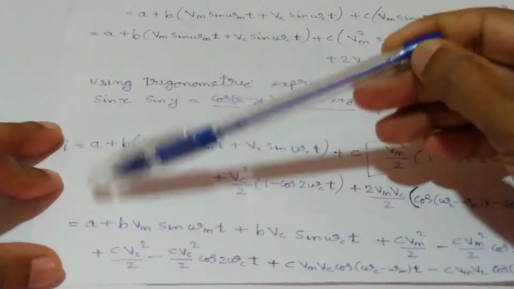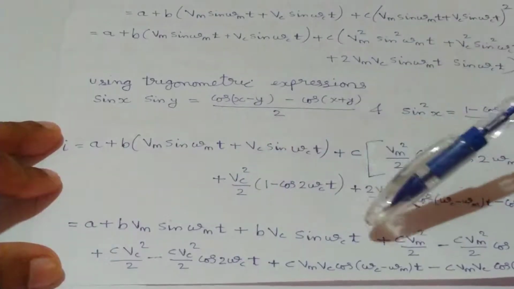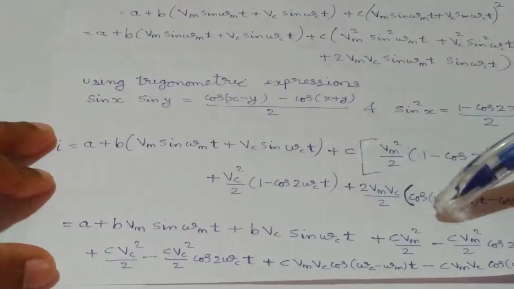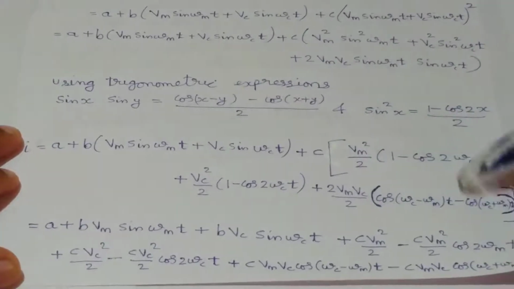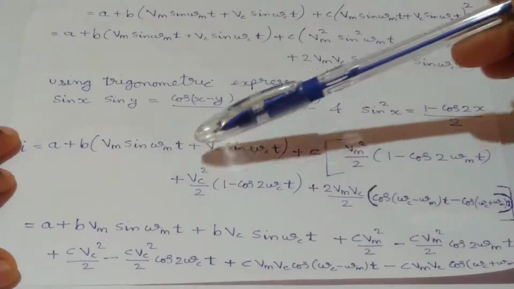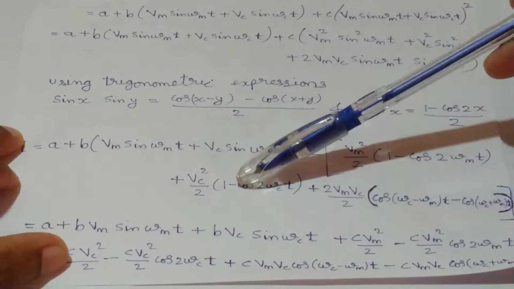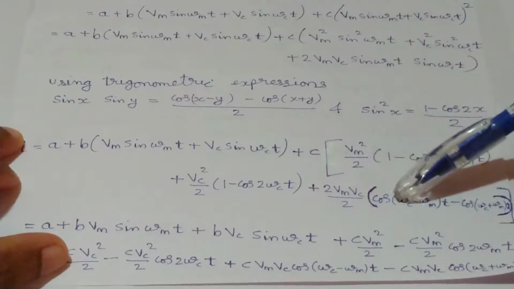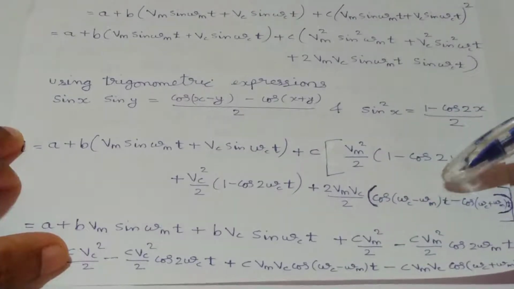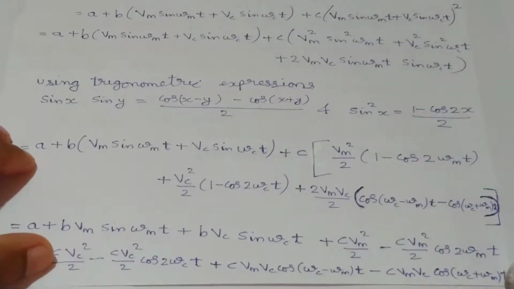Then we will get I is equal to A plus B Vm sin omega mt plus B Vc sin omega ct plus C Vm square by 2 minus C Vm square by 2 cos 2 omega mt plus C Vc square by 2 minus C Vc square by 2 cos 2 omega ct plus C Vm Vc cos (omega c minus omega m) t minus C Vm Vc cos (omega c plus omega m) t.